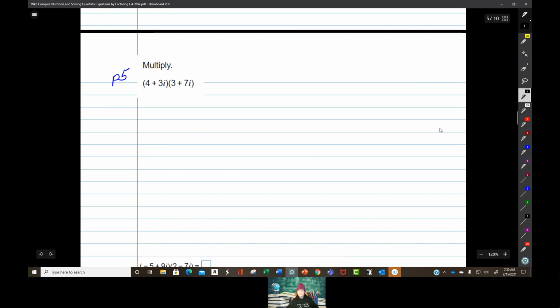Okay, now we're going to multiply two complex numbers. These are individual complex numbers. This is a complex number, 4 plus 3i, and this is a complex number, 3 plus 7i. Remembering that complex numbers have two parts, a real part and an imaginary part. But I'm going to multiply them just like I would any two binomials.